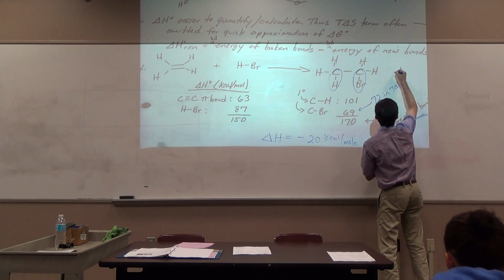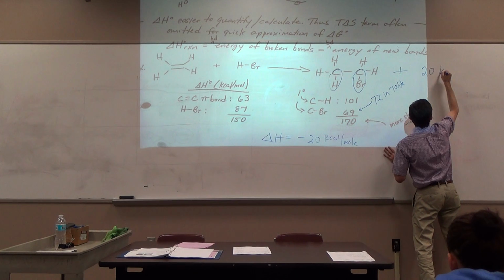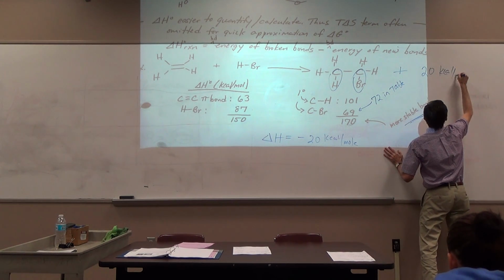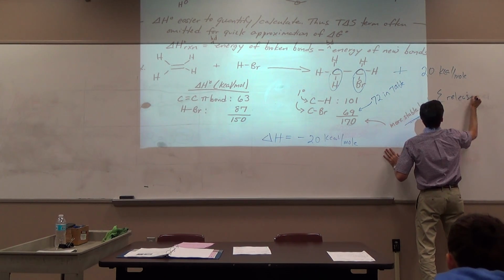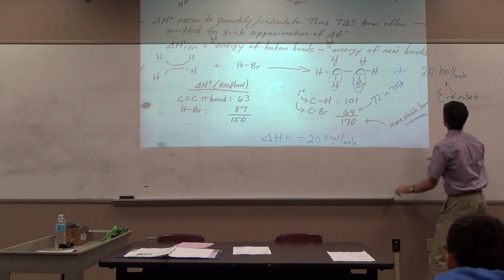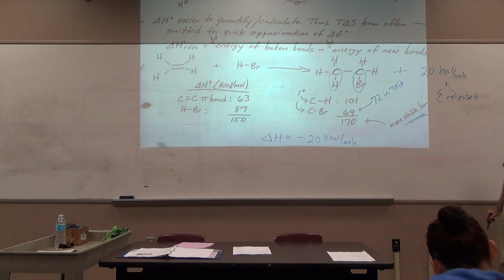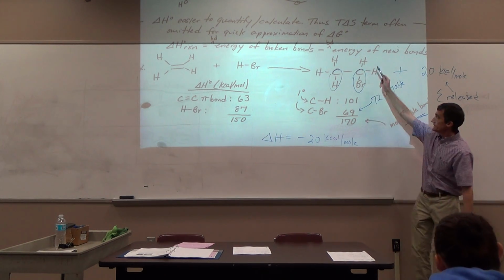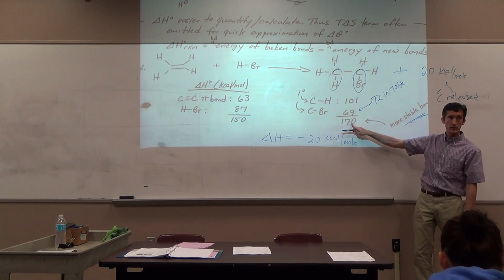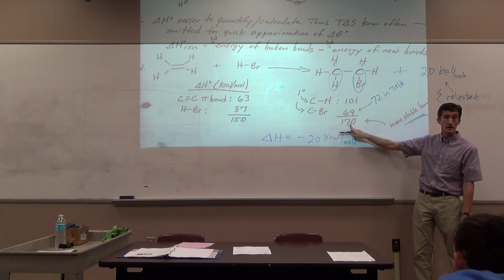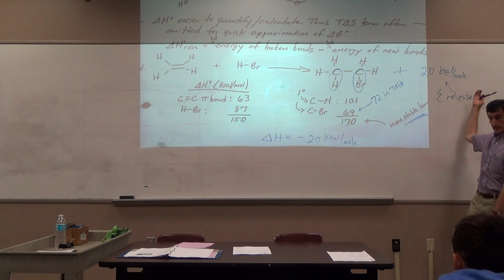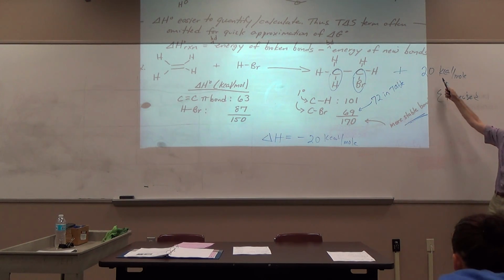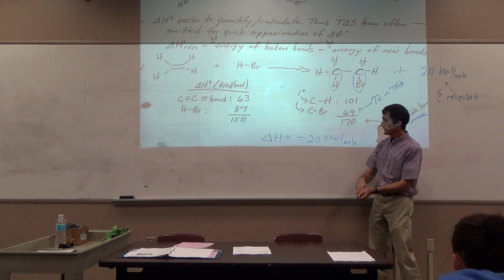It was released. Energy released. Because these bonds are more stable by 20, because they're stronger. Where did the 20 go? It can't just disappear. It's released. And when we release energy, what is delta H? Negative.